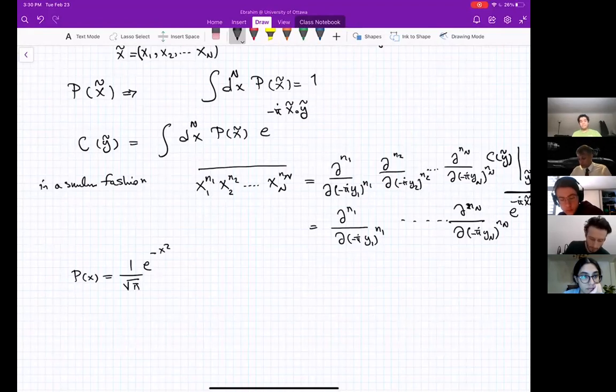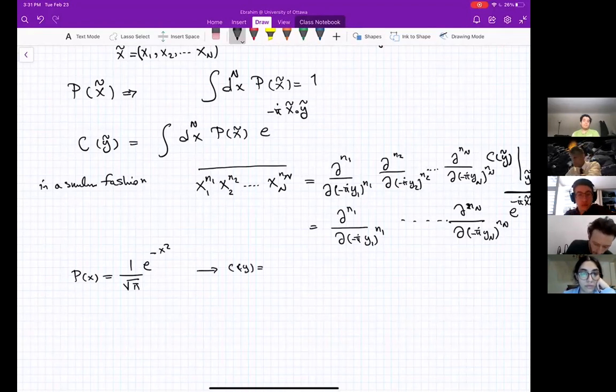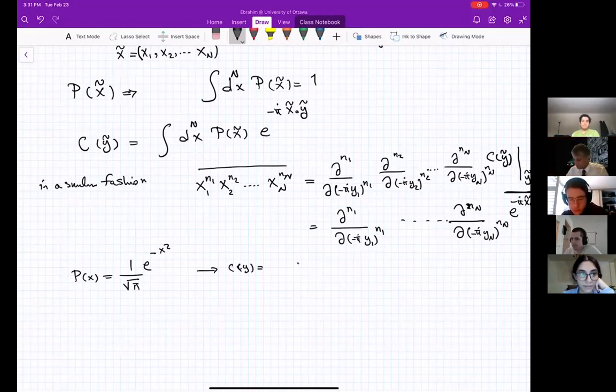Then if I want to ask you, what is the characteristic function of this? Can someone tell me? Another Gaussian. Exactly. It should be a Gaussian, with a different coefficient, of course.